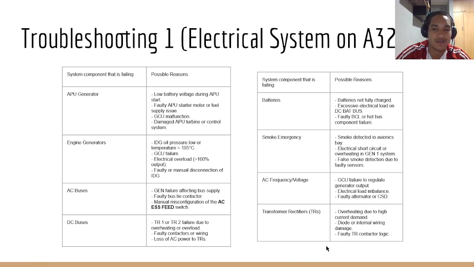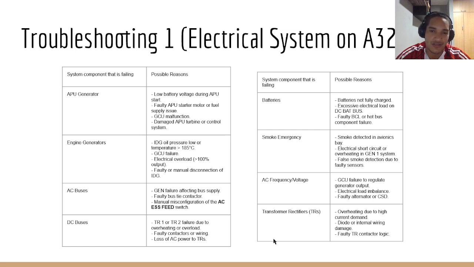Finally, if the transformer rectifiers fail, the possible reasons are overheating and high current demand, or an unexpected high current demand in the DC buses, a diode or internal wiring damage, or a faulty tie contact logic.